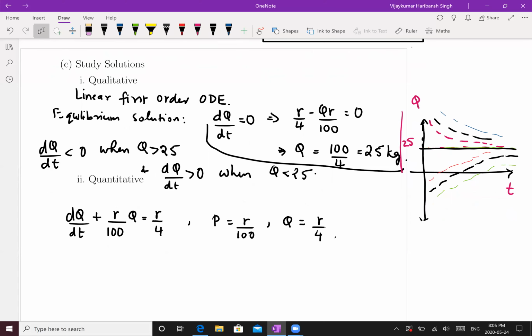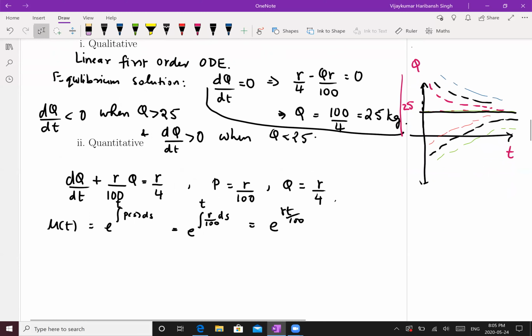So let's compute the integrating factor mu of t, which is e to the power of the integral of p(s) ds. This is e to the power of the integral of R by 100 ds, which gives e to the power Rt over 100. This is your integrating factor. Then what is the solution going to be? Either you multiply mu of t throughout the differential equation, or you can use the formula directly.